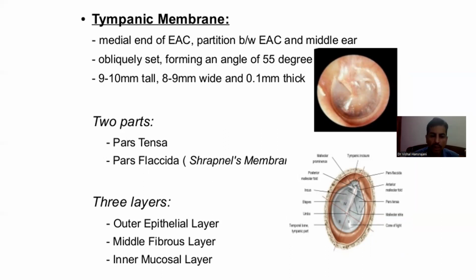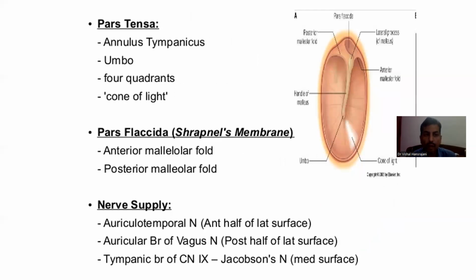It has got three layers: the outer epithelial layer, the middle fibrous layer, and an inner mucosal layer. It is formed by all three germ layers, ectoderm, endoderm, and mesoderm, and these three layers are made up of the respective germ layers. So pars tensa has an annulus all around. It has an umbo where the handle of the malleus is attached.